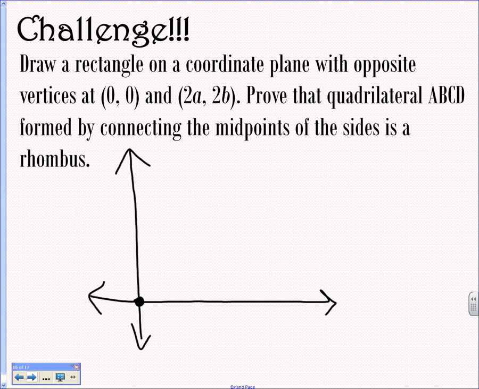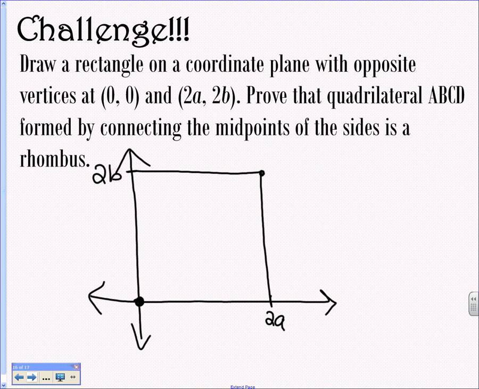So there's one. Where does the other one go? We're going to go over 2a, and we're going to go up 2b. So do you see our shape? Okay, so prove that the quadrilateral formed by connecting the midpoints is a rhombus.